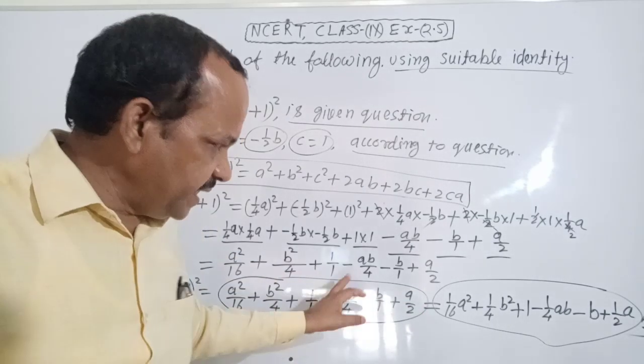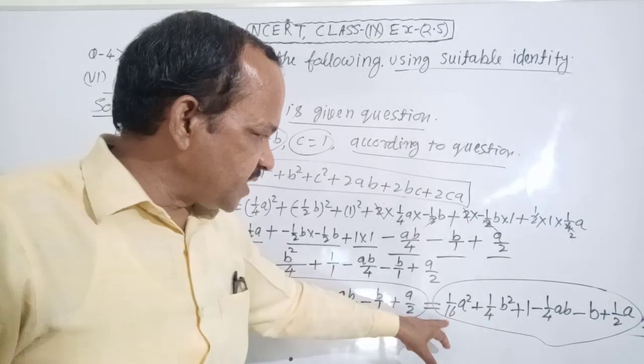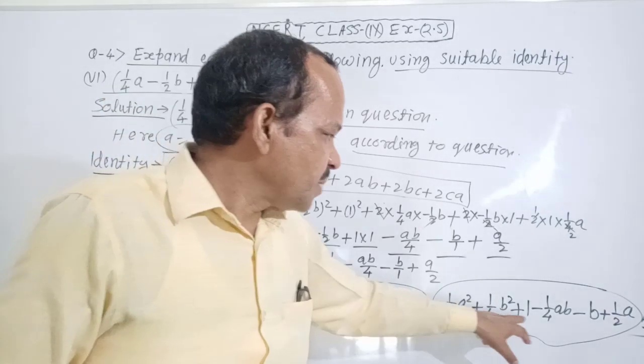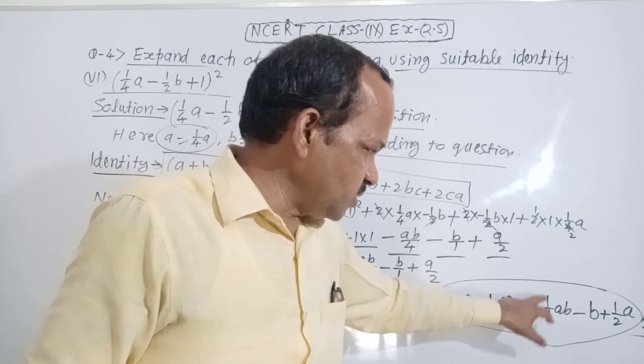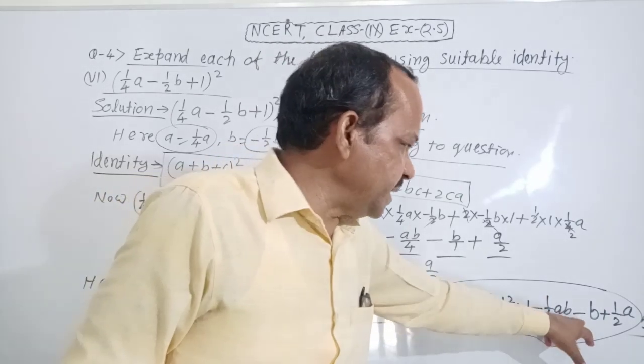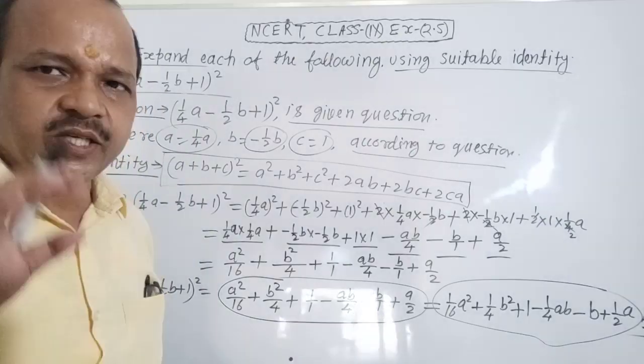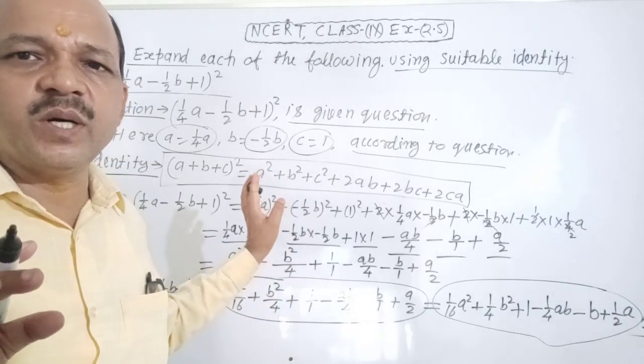You can write it as 1 by 16 a square plus 1 by 4 b square plus 1 minus 1 by 4 ab minus b plus 1 by 2 a. It is clear. No confusion about it.